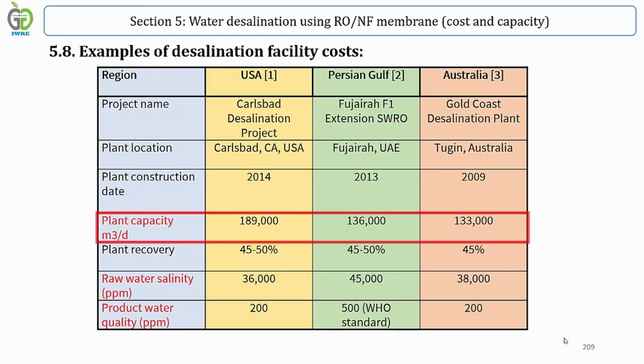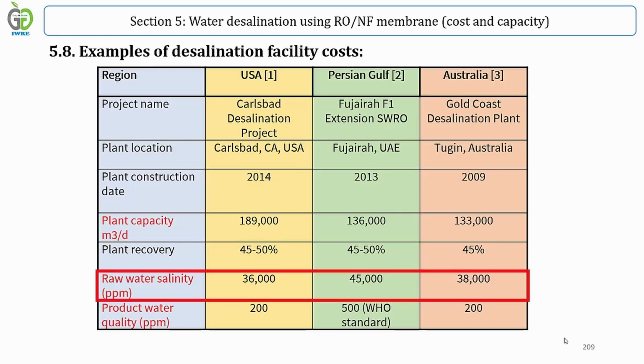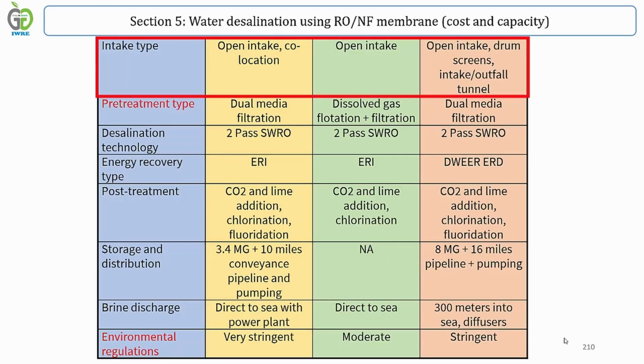As you can see, the plant capacity for the USA is larger than the others. The plant recovery is almost the same. Raw water salinity for the Persian Gulf is higher than the others. Product water quality for the Persian Gulf is also high. Intake type for all three is open intake.